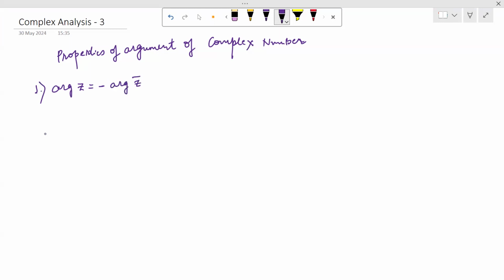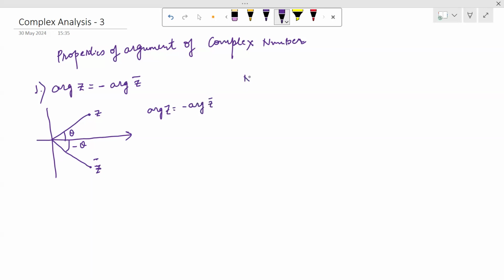It's quite easy to see. If Z is this, then what is Z bar? Z bar is simply taking the mirror image of it. So if this is theta, this is certainly equal to minus theta. So clearly from the figure itself, you can understand that argument of Z is equal to minus of argument of Z bar.